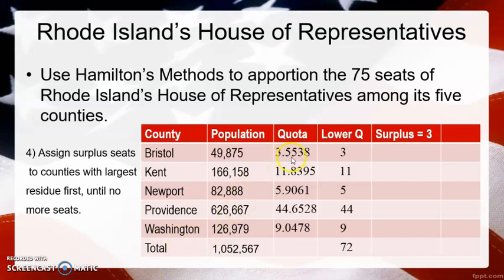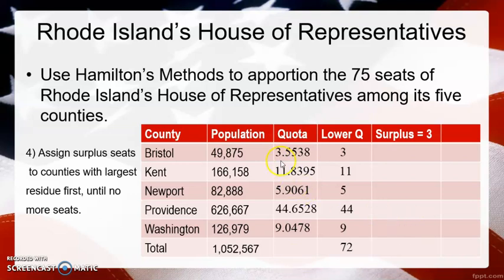If we start comparing them, we see that Bristol has a residue of 0.5538. Kent has a residue of 0.8395. Newport 0.9061. Providence 0.6528. And Washington 0.0478. So which of those has the largest residue? Remember, when you're comparing decimals, you have to compare the numbers in each place value.